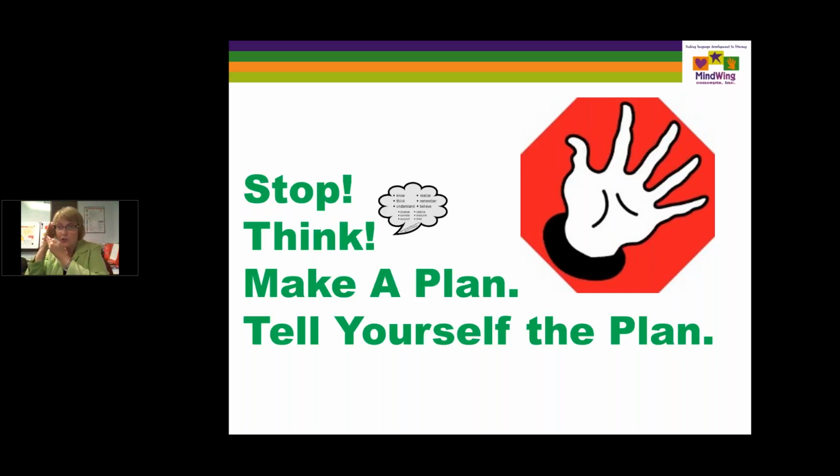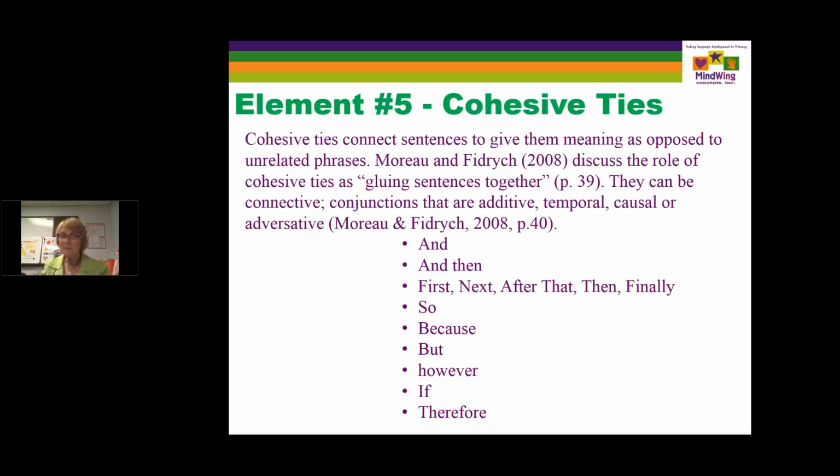And then tell yourself the plan. It's almost like a talk back where I have the kids practice their plan, and when they talk into the palm of the other hand, it sounds different to them and they love it. So those are the steps about how you get to the plan, but you have to go back to the mental states to think about it.